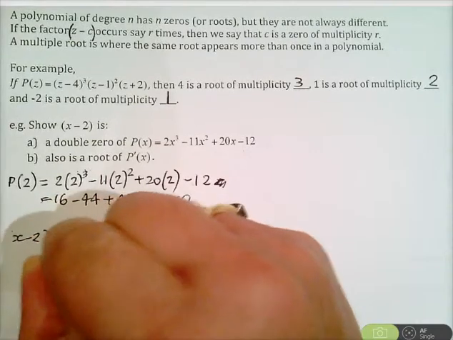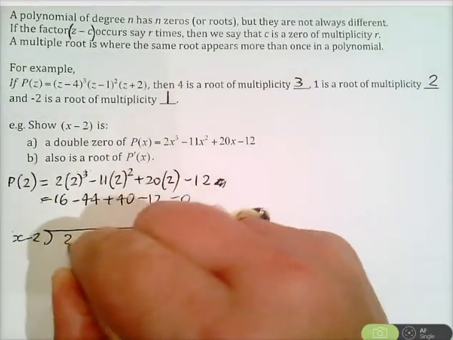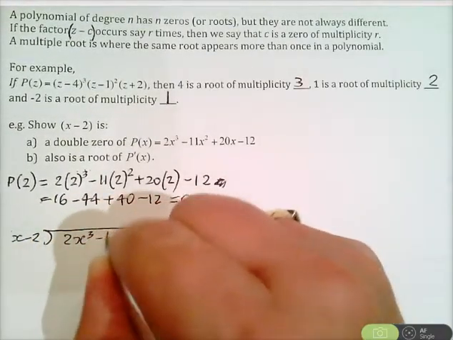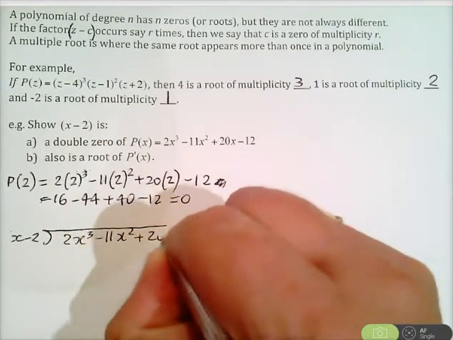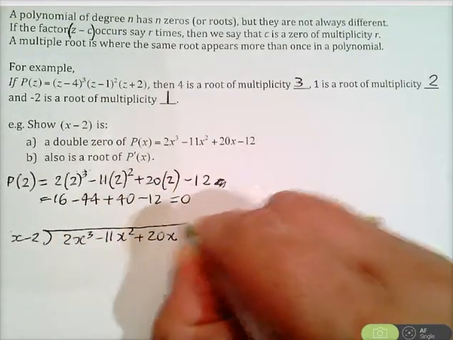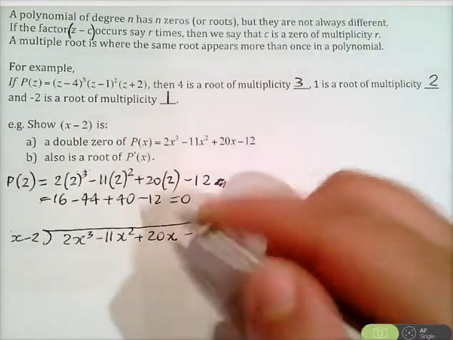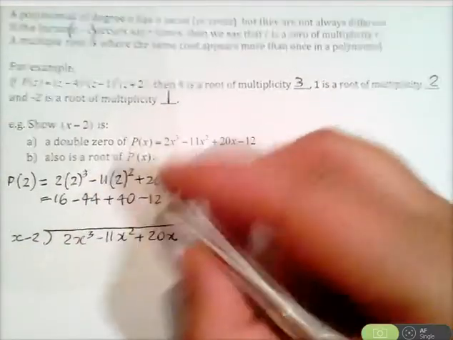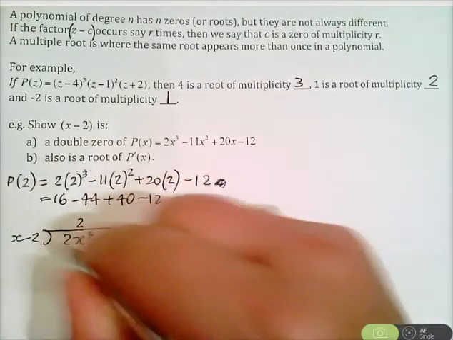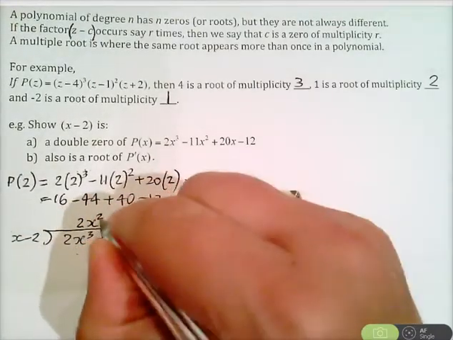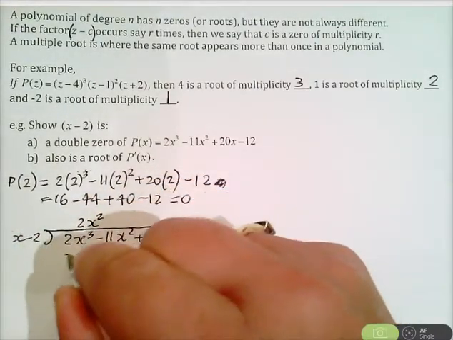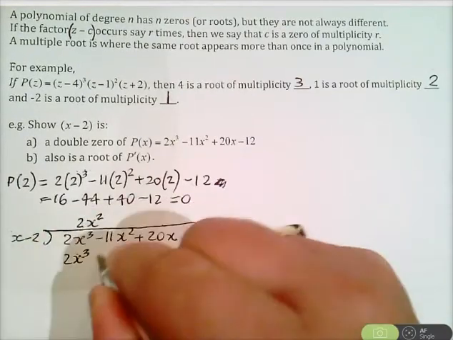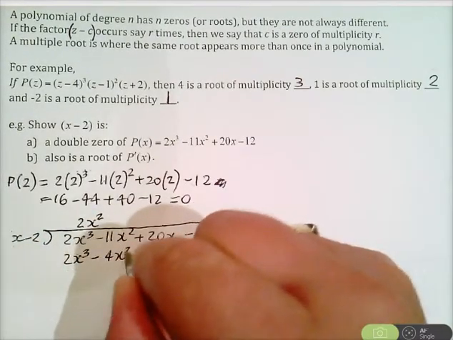x minus 2 into 2x cubed minus 11x squared plus 20x minus 12. And first x goes into 2x cubed. We've got 2x squared times 2x is 2x cubed, and 2x squared times negative 2 is minus 4x squared.